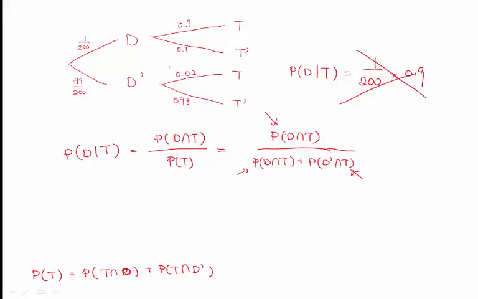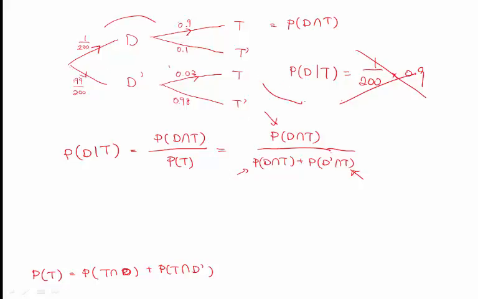So if I were to find the probability of D intersect T, then it's going along this branch, then going along this branch. When I multiply these two probabilities together, that gives me the probability of D intersect T. Similarly, if I want to find the probability of not D intersect T, this would just be going along this path and going along this path.